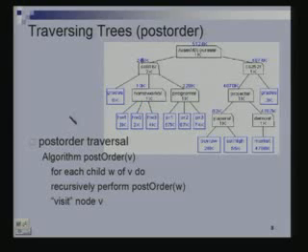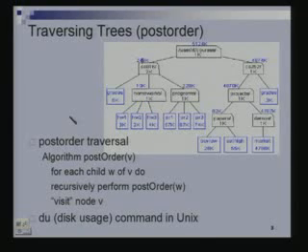And in fact, this is the order in which the disk usage command in Unix works, if you ever have used this particular command. If you type in this command in a directory, it tells you what is the total space occupied by the various subdirectories in there.